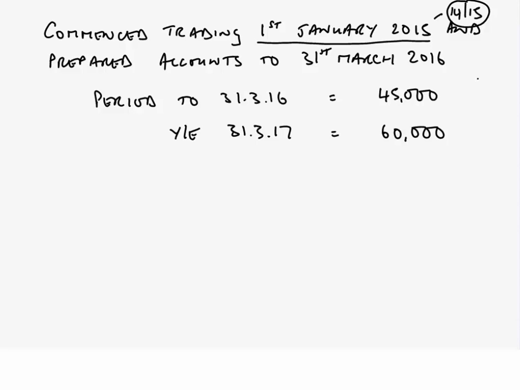We're then told that we first prepared accounts not to the 31st of March 15, but to the 31st of March 16. So rather than going with a very short period from 1st of Jan 15 to 31st of March 15, we've decided to run a long opening period. And it's quite sensible.